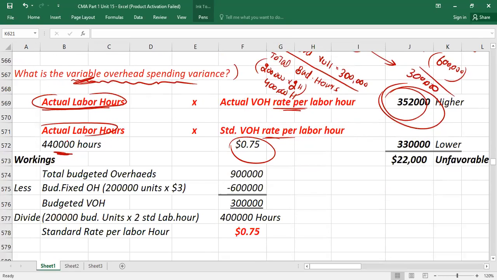Now if I multiply actual labor hours with the standard rate, I'll get the second line. The first line was given in the question. So now tell me, is the first line higher or lower? Higher. Second is lower. Variance is going to be unfavorable, which is going to be 22,000. Clear?